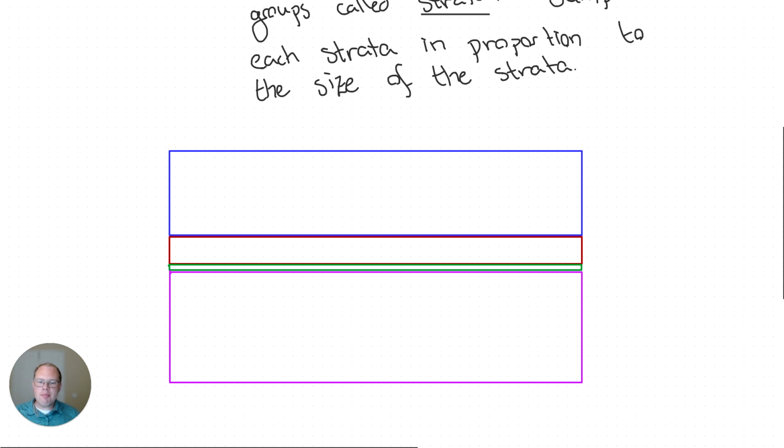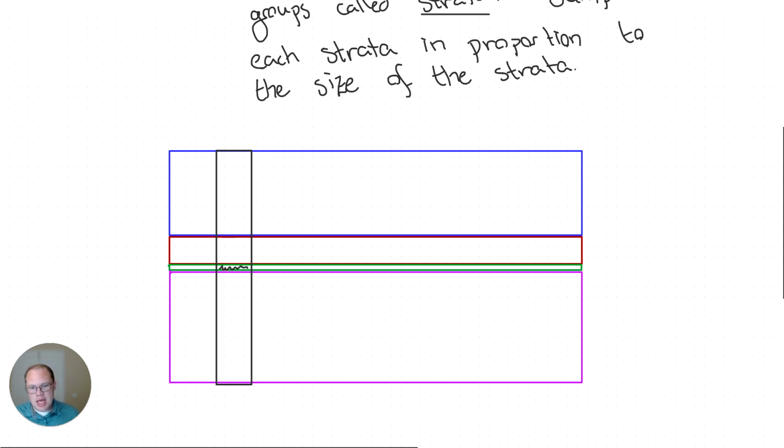Imagine this is kind of like a cake, and we're taking a slice of it. Then this slice will have the blue section just as big as in the population, and this section just as big as in the population.